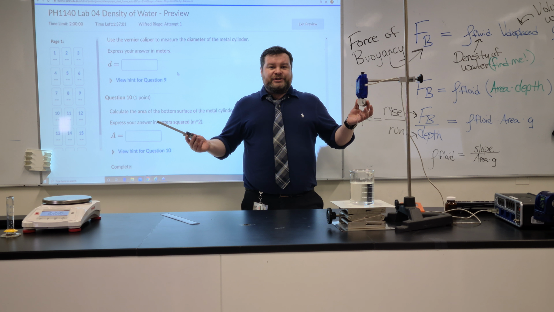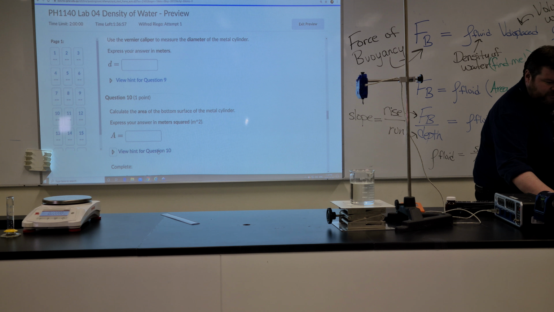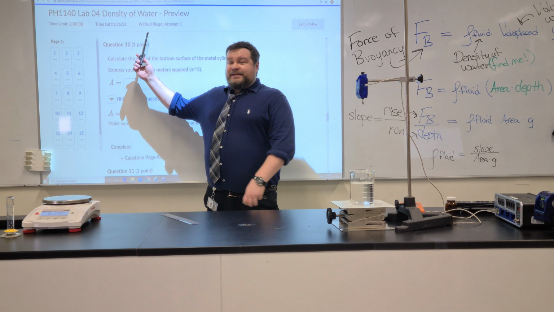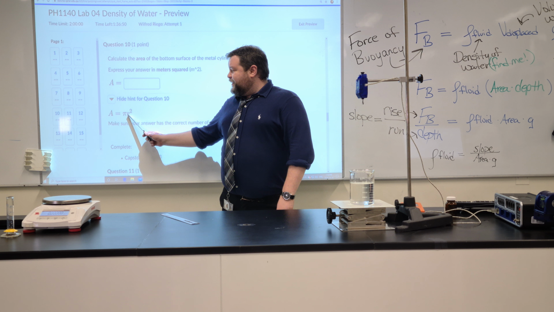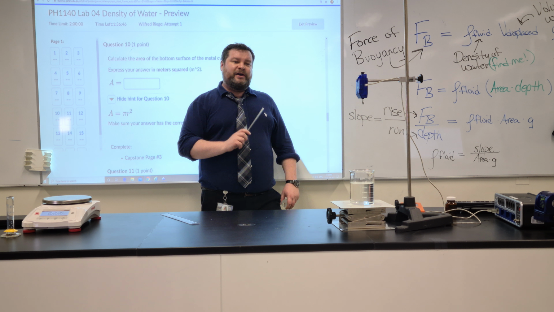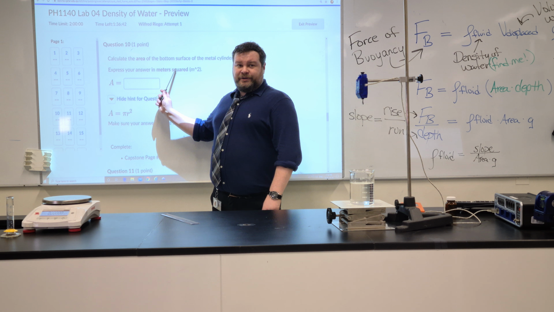Well, we know the equation for area, pi r squared. That's the one that's in your little hint section here. So we're going to take that diameter, find that radius, square that radius, multiply it by pi, and find that area. Again, this should be in square meters when you write your number in here.